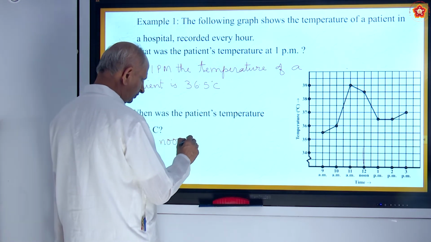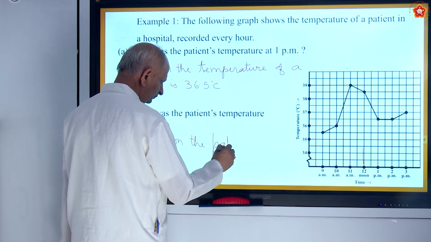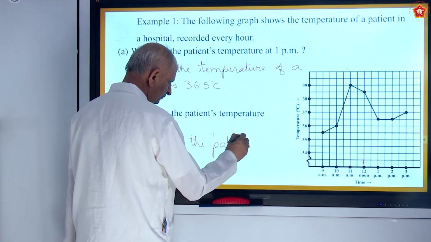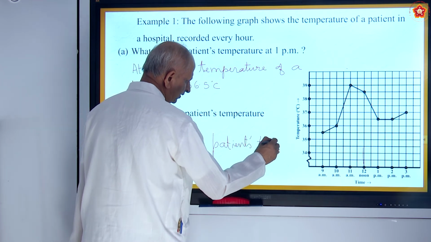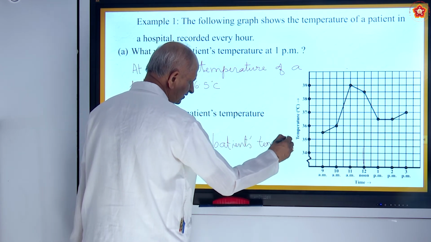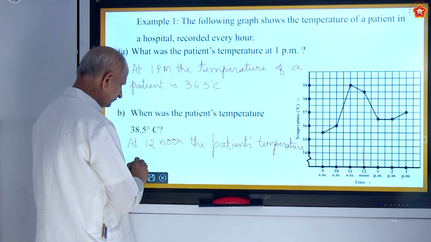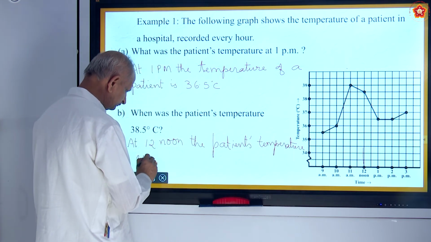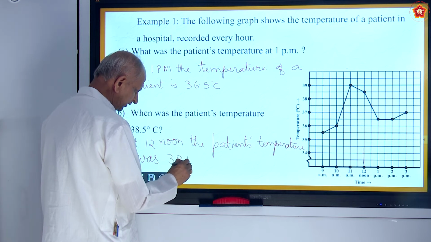At 12 noon, the patient's temperature was 38.5 degrees Celsius.